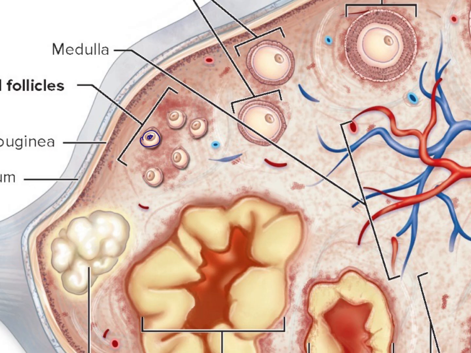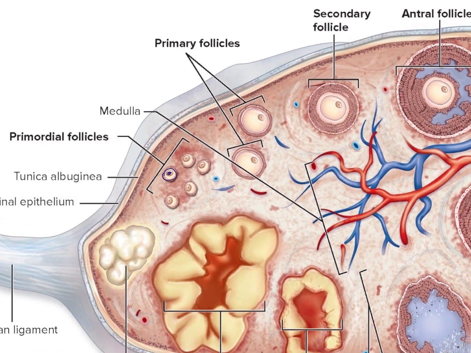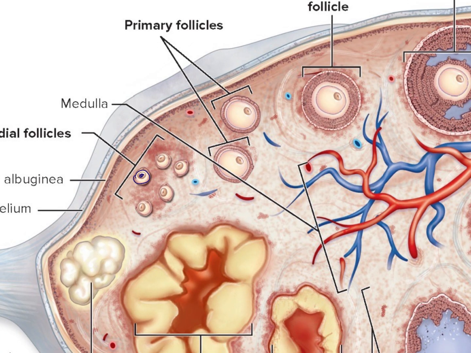Then those primordial follicles, once they're exposed to hormones such as FSH and estrogen, start to grow, right? So this right here is your first stage, your primary follicles. So you'll go from a primordial to a primary follicle. Every month, several of these follicles are recruited, and they start to grow.